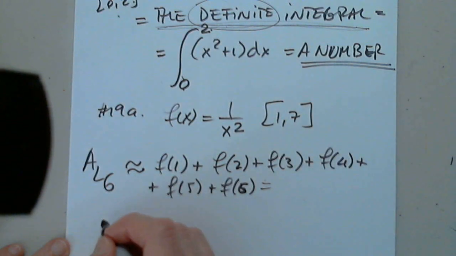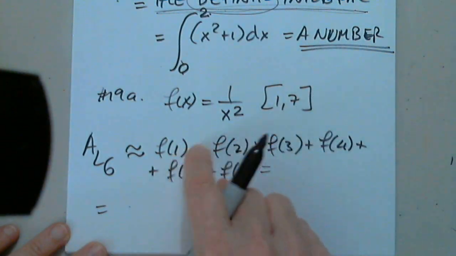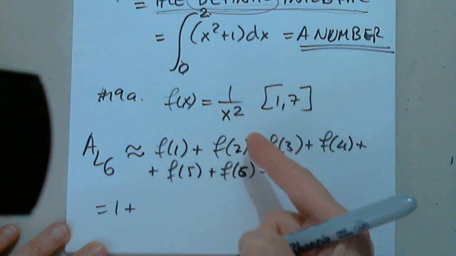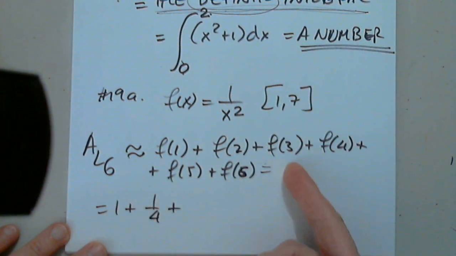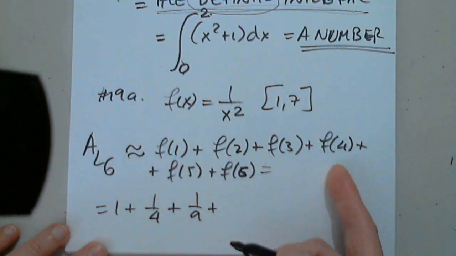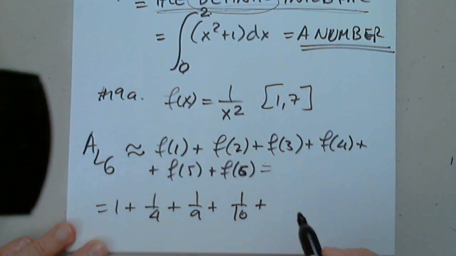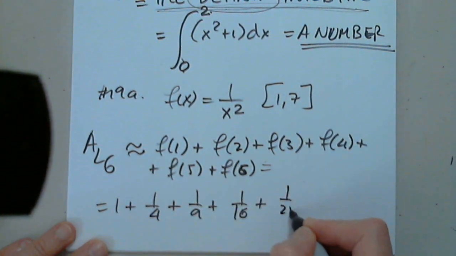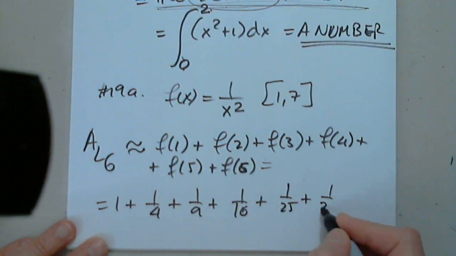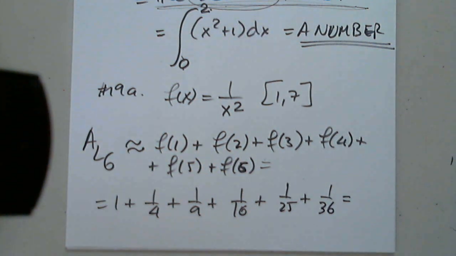Good. So 1 over 1 squared, 1 plus 1 over 4 plus 1 over 9 plus 1 over 16 plus 1 over 25 plus 1 over 36. And that is it. So with a graphing calculator, I'm just going to put that in.